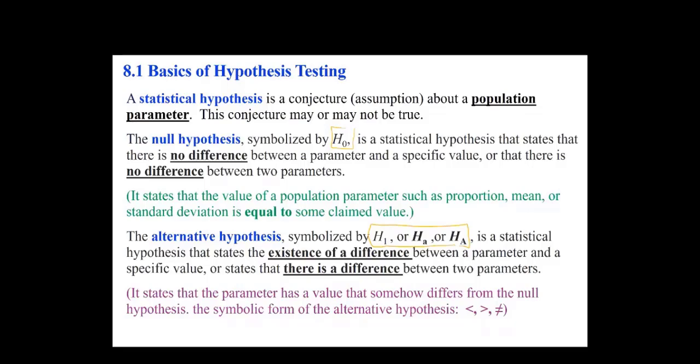When it comes to H0, the equality sign is used. Some texts do not follow that. In the case of the alternative, we use one of the inequality signs: less than, greater than, not equal to. That's what we do here.